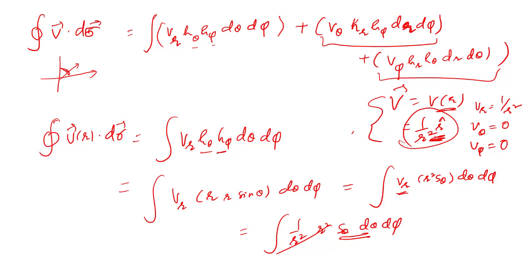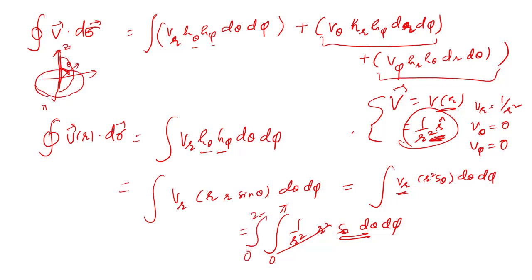So it goes from 0 when it is aligned with the z axis to pi when it is at the other end. So it is going to go from 0 to pi for d theta. And for phi, it goes full circle in the xy plane, so for phi we are going to go from 0 to 2 pi.